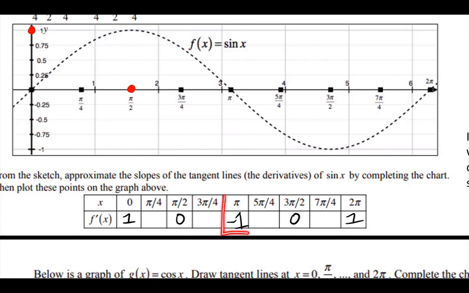But at pi, I have -1. 5 pi over 4, I don't have anything. But at 3 pi over 2, I have another 0. And at 2 pi, I have a +1.